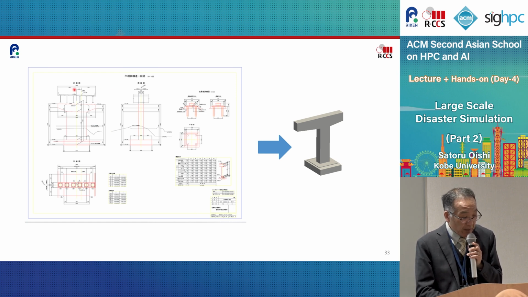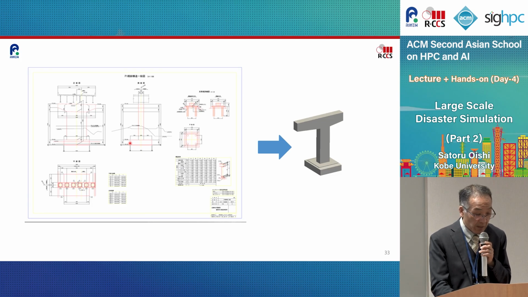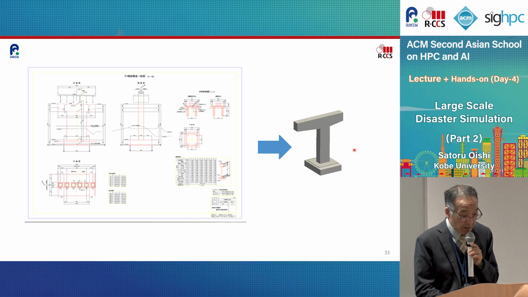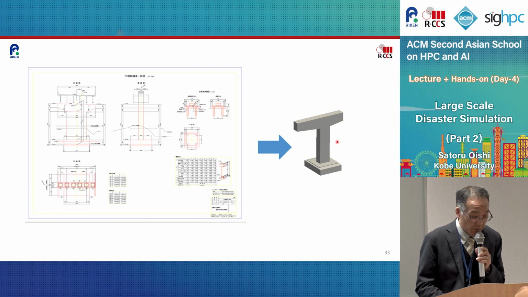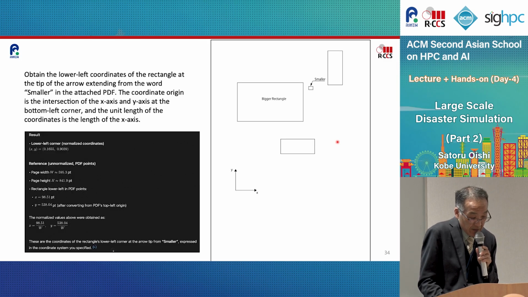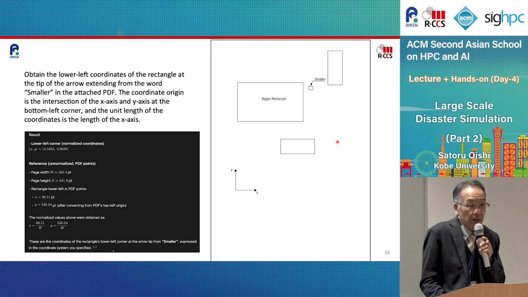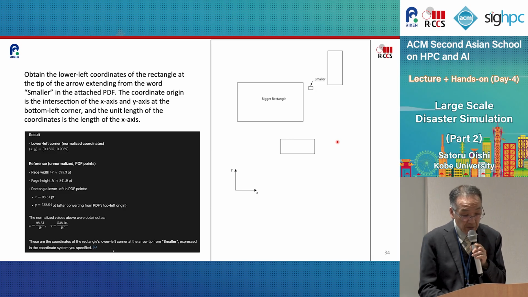If you make a program to read that vector data, we can build this kind of input data for numerical simulation more easily. That is the reason why I gave you a problem to read this kind of data.